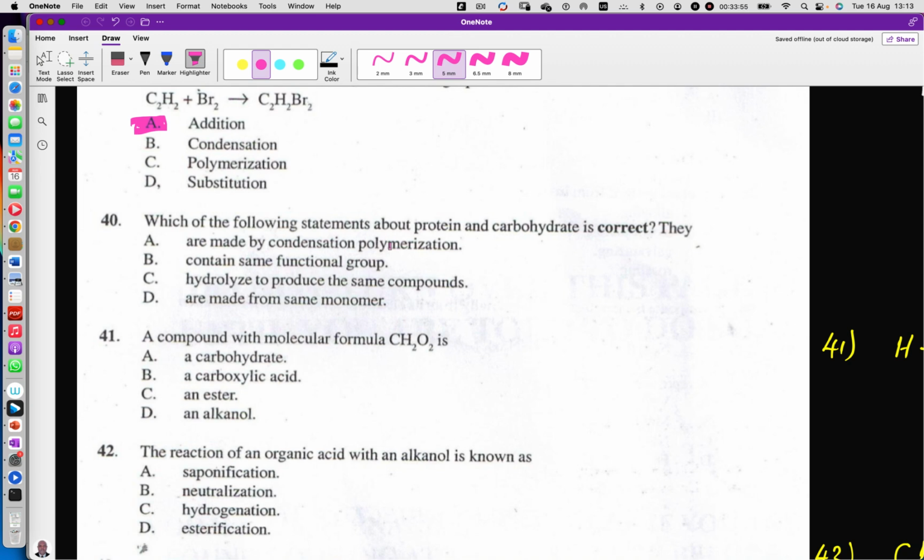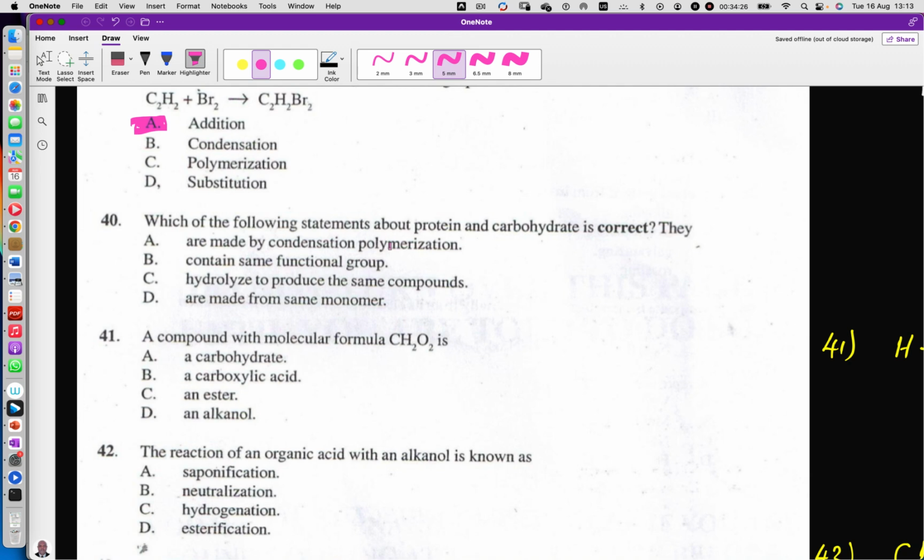The same thing with carbohydrates. Carbohydrates are formed by a condensation reaction. Do they contain the same functional group? No, they do not. The functional group for protein is the amino group, NH2, but the other one is not like that.